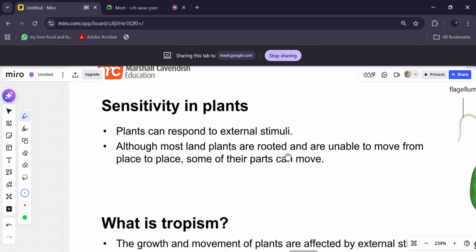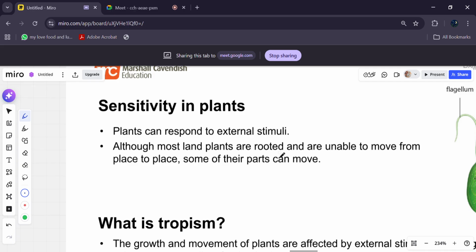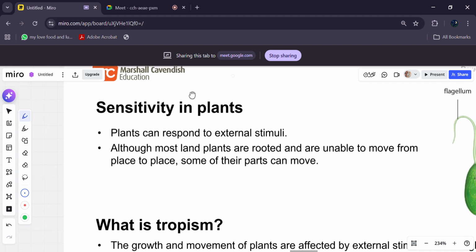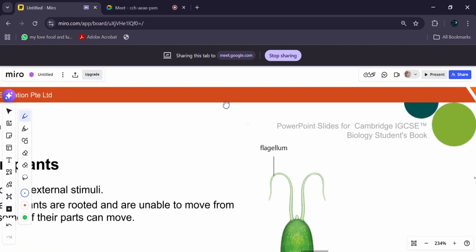Sensitivity in plants. Plants, like animals, possess the ability to respond to external stimuli, as I said, and unicellular organisms such as Euglena are able to move from place to place by moving their flagella.